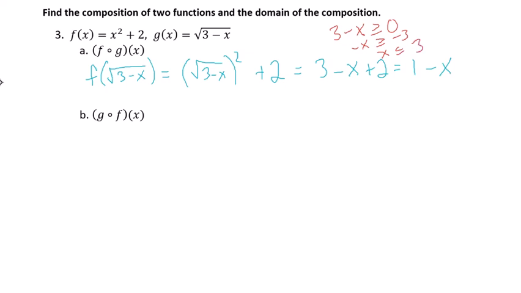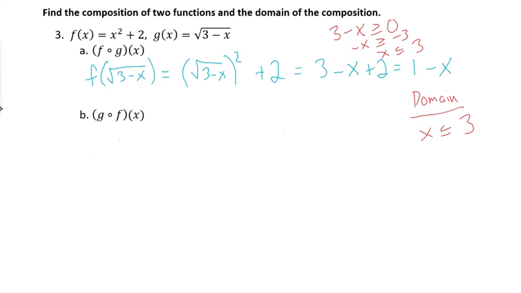Remember, when you multiply or divide by a negative number, the inequality symbol will switch. And so that is our domain here. x needs to be less than or equal to 3.